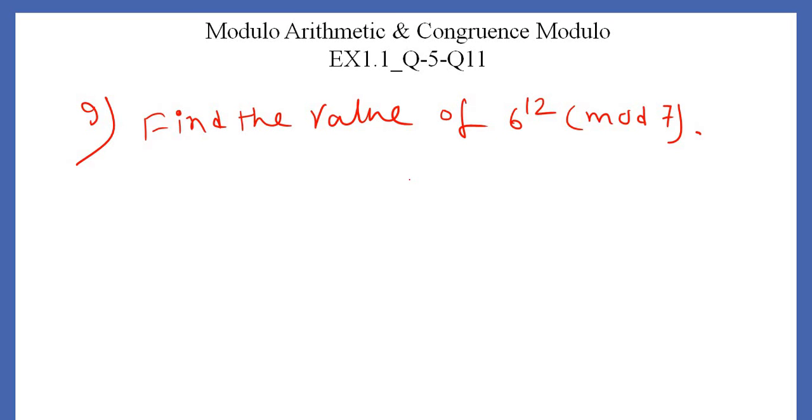So when the power is given, you have to apply the property of exponent in modulo arithmetic. What is the property of exponent in modulo arithmetic? Let us write it and explain it properly, then we will solve the question.